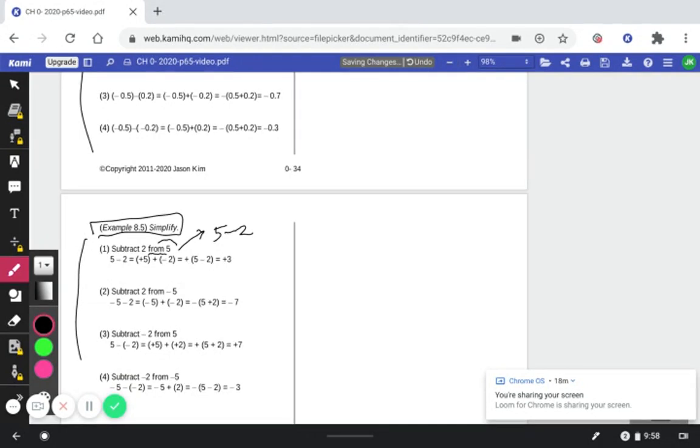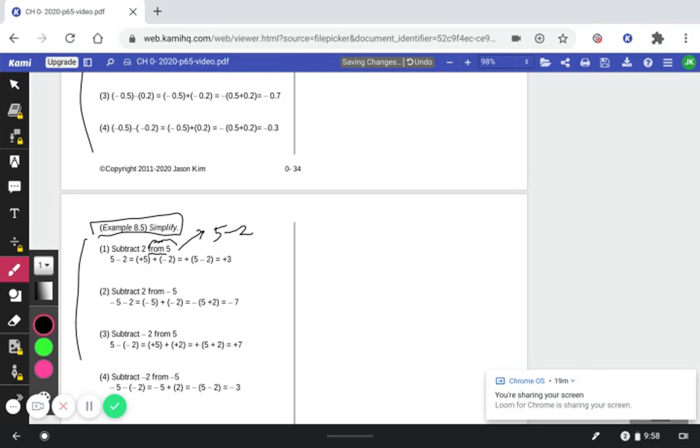Which is keep change again, because whenever you have a subtraction, it will help you if you translate that into addition and apply addition rules. So subtract 2 from 5 means 5 minus 2, not 2 minus 5, because the word from means starting with 5.